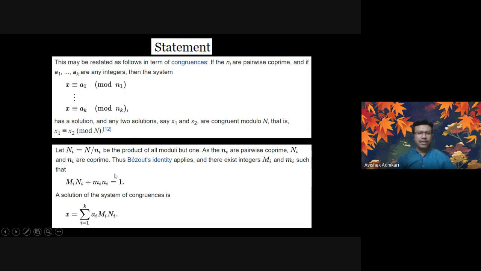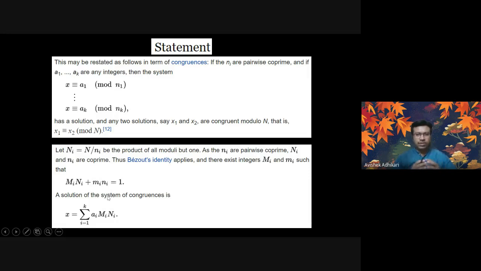And finding that is also very easy. I'm not going into the details of it. If somebody is interested, he or she can just Google it, and it's very easy to calculate. These mi and ni values can be calculated very easily, and by using the extended Euclid algorithm, one can find the inverse of something very easily.